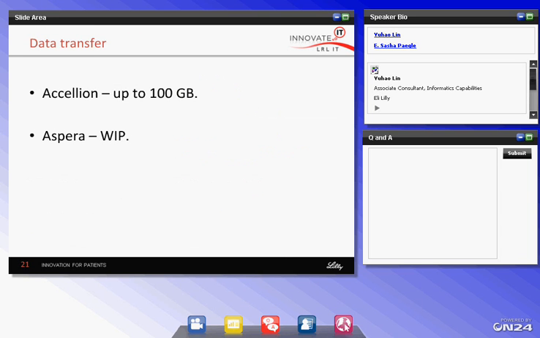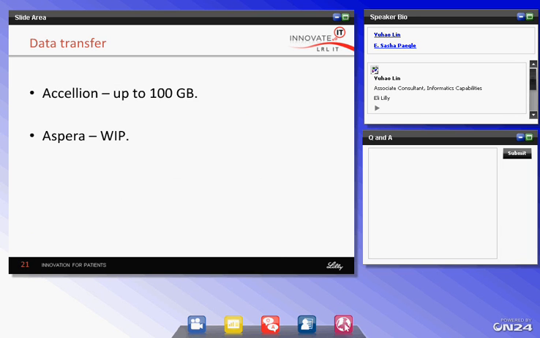Okay, now I'm going to switch gears and talk about data transfer. The approach that I'm going to talk about is not these two, but I just wanted to mention these two because they are available to us. So we have a corporate-wide capability using Isilon, and it transfers up to 100 gigabytes.